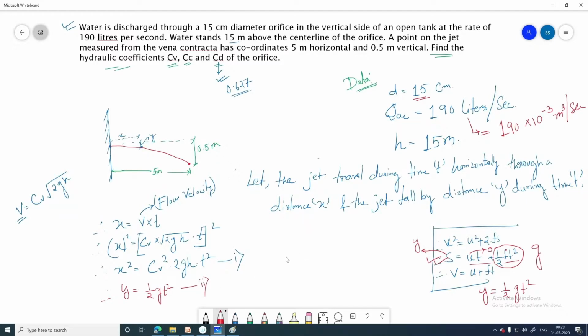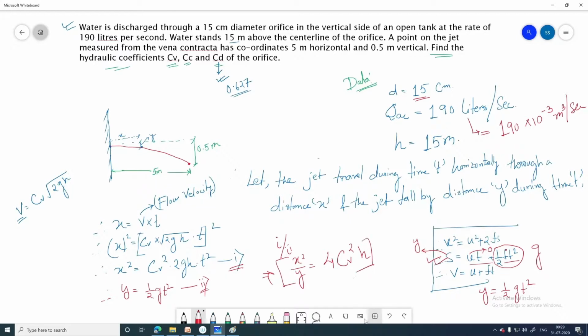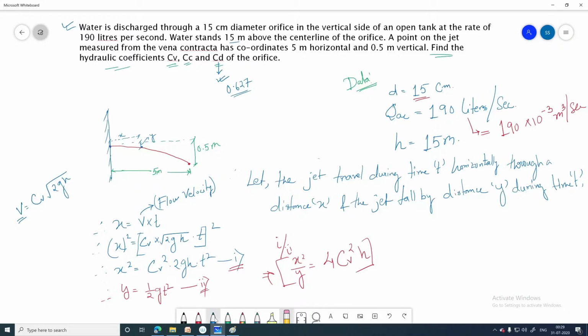Now if you divide equation number 1 by equation number 2, what you will get is x square by y equals 4 Cv square h. This is the equation that you will get. Now we need to determine the value of Cv.